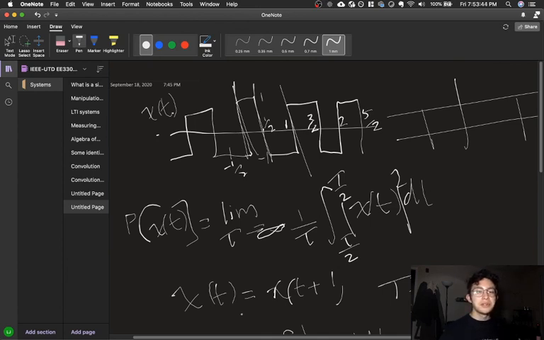Basically, I don't know if y'all have gathered from this review session, I find it easiest to work with pictures of these signals. If you can get some idea about how these signals look geometrically, a lot of times we're just taking the area of a simple function.